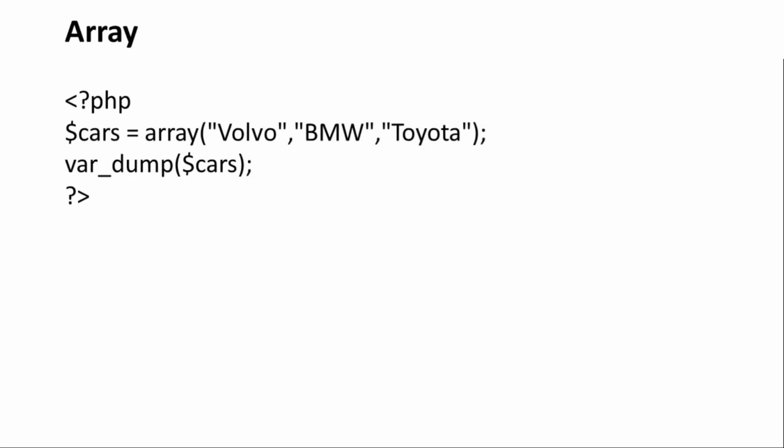Now it's time for array. I wrote a simple code of array, that is, an array is always written as a dollar variable name equals array. Inside the array we can put the values 1, 2, 3, 4, 5, we can put any values.